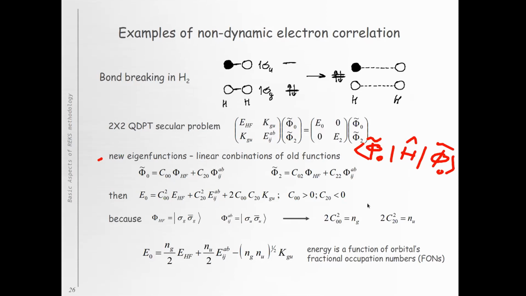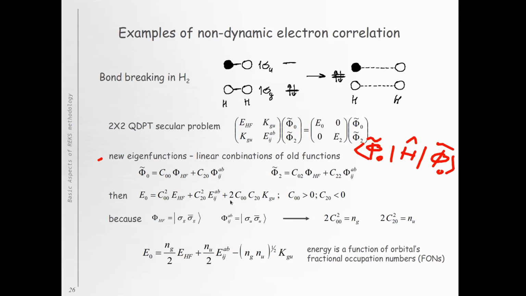But I focus here on a very simple situation, only a two-configurational wave function, where interpretation of these occupation numbers is rather simple. On average, I have, let's say, contribution of this configuration with this weight and contribution of this configuration with this weight.